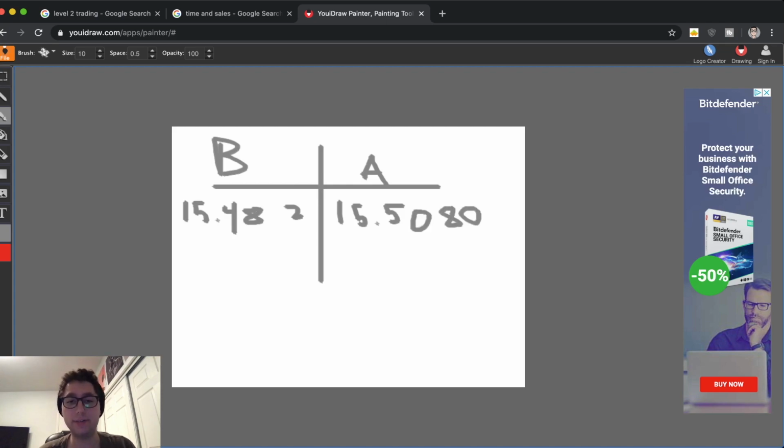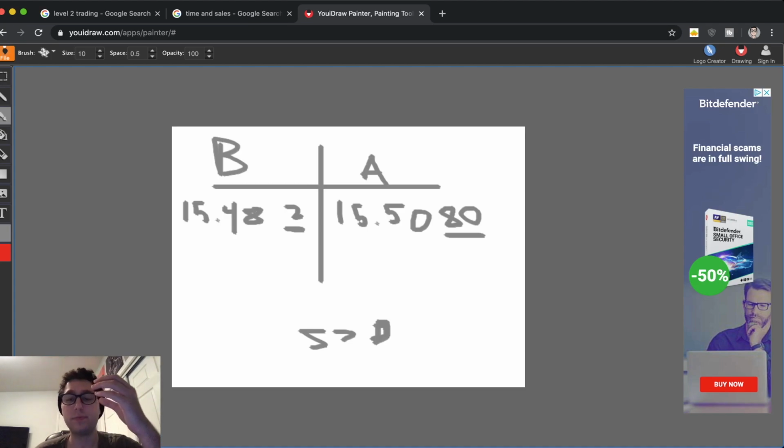What we see here is obviously supply is greater than demand: 8,000 shares versus 200 shares.